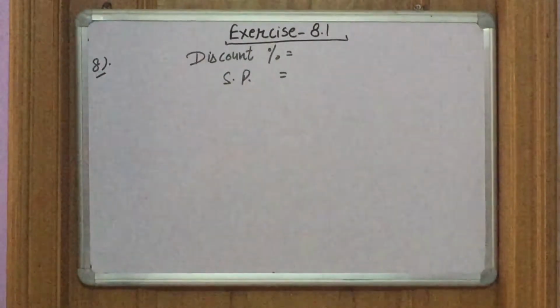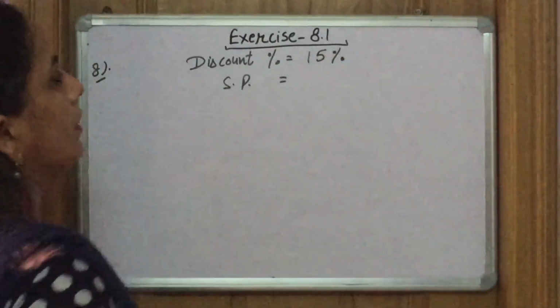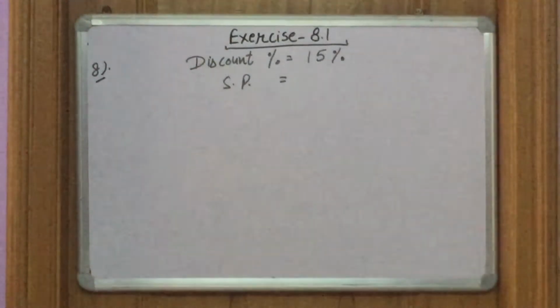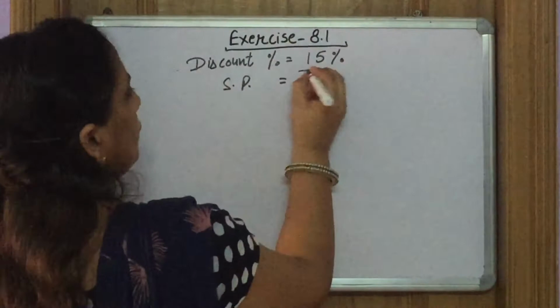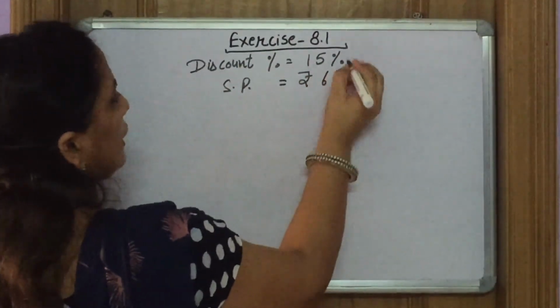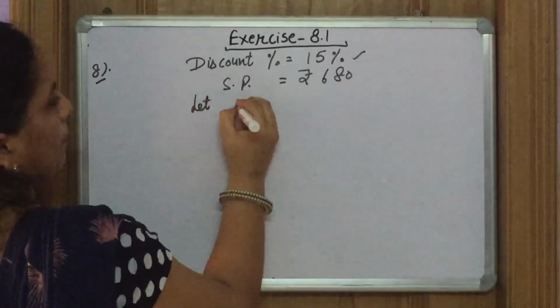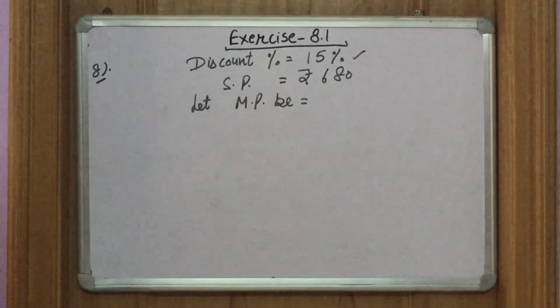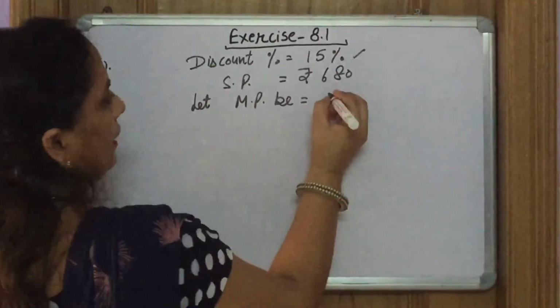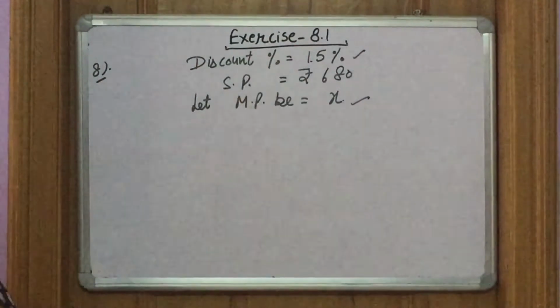Discount percentage will be applied on mark price, and here mark price is not given. So that's why we can't directly use the discount percentage formula. We have to suppose mark price. So we will write here, let mark price be X.